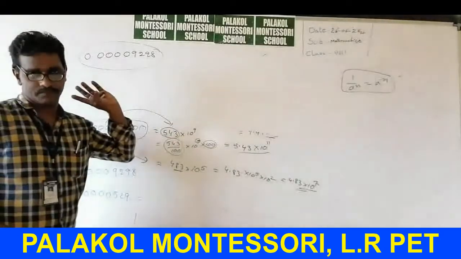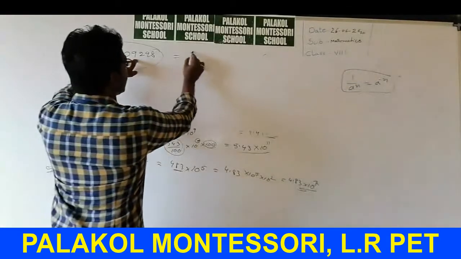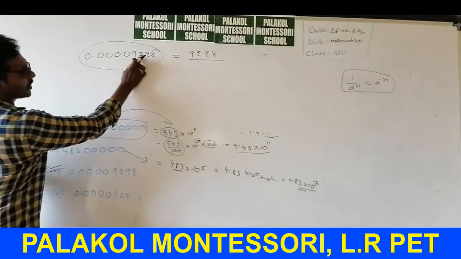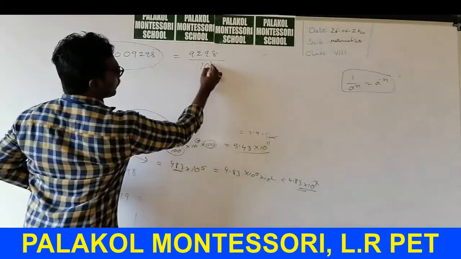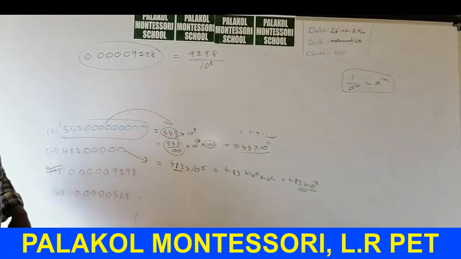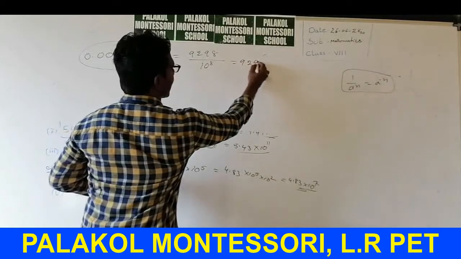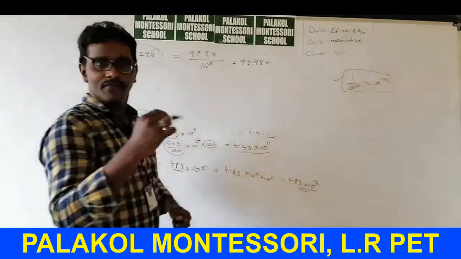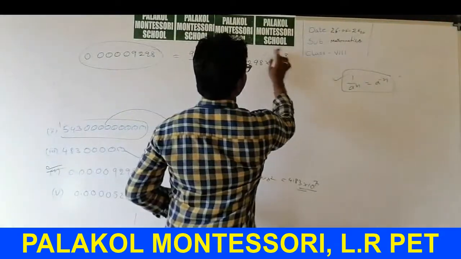But in decimal numbers, here the decimal number is 9298 by 1, 2, 3, 4, 5, 6, 7, 8, 10 power of 8. Now come to this point, 10 power of 8. Write 9298 into, you apply this formula 1 by a power of n is equal to a power of minus n. That's why I write 10 power of minus 8.